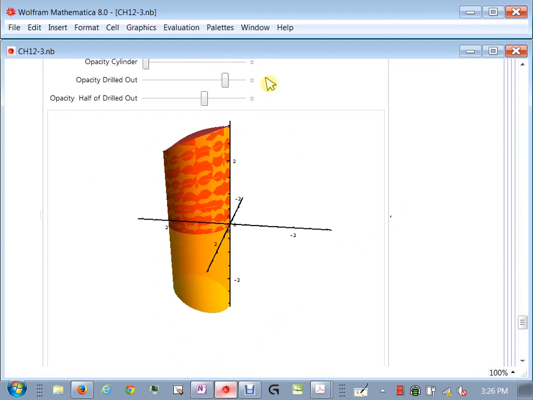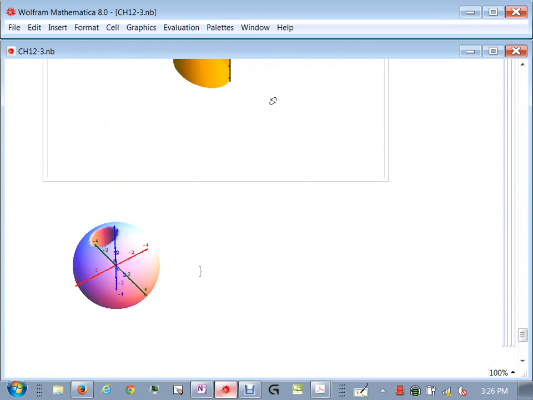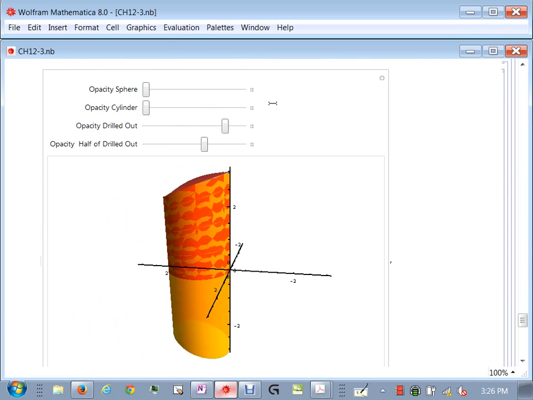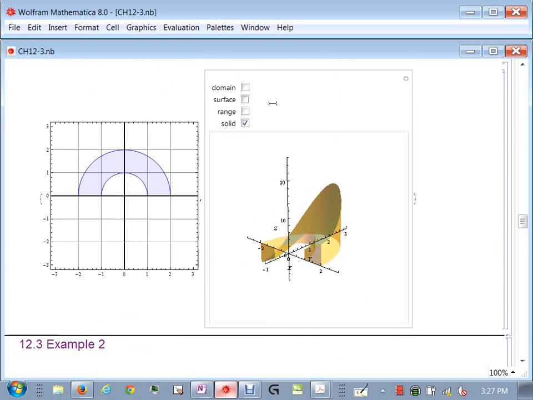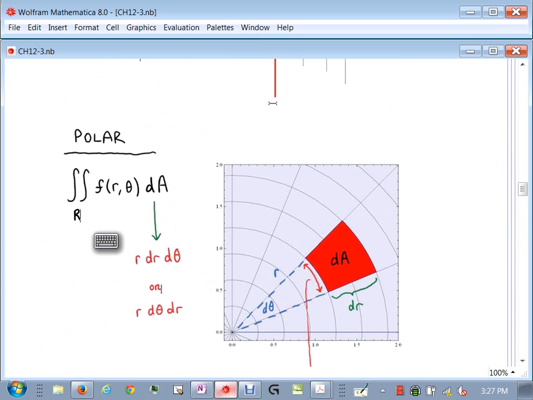All right. That's the end of 12.3. What shall we do? How about for homework on this?